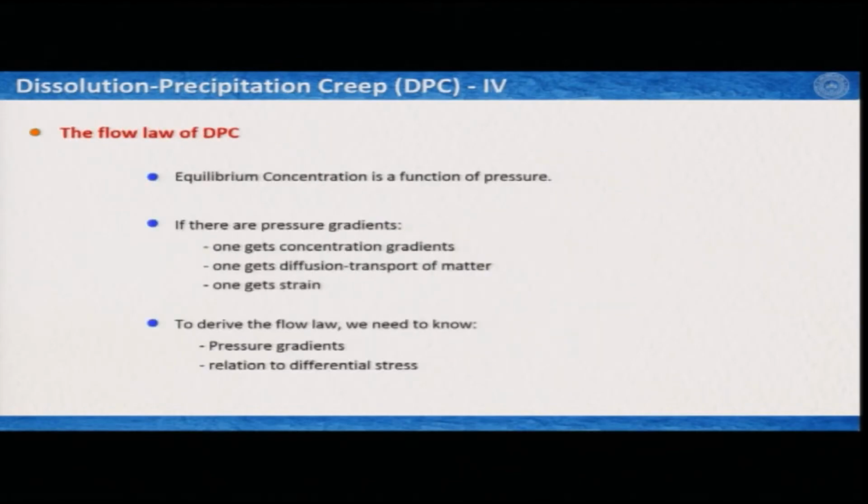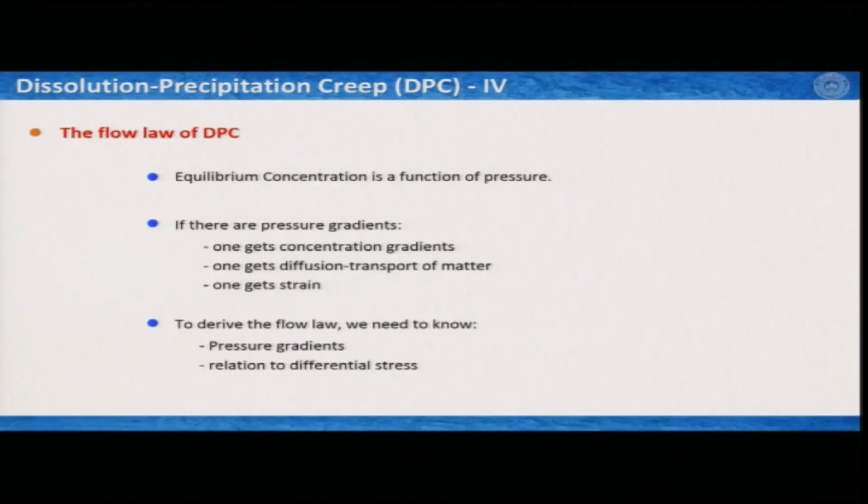If we have to derive the flow law, we are not going to derive it, we will state it, but I am trying to give you some ideas of how these are derived. The parameters we need to take care of are equilibrium concentration, pressure, chemical potential, and so on.